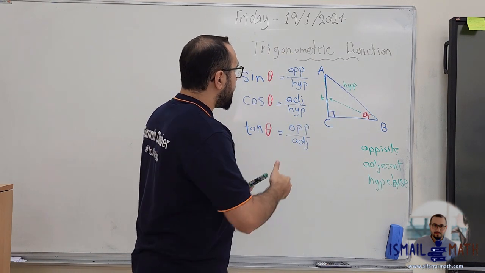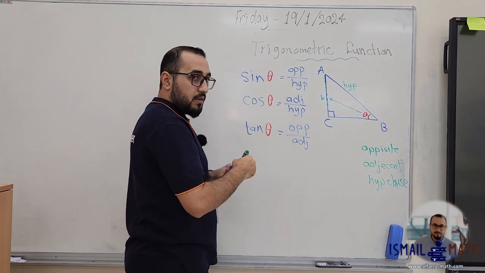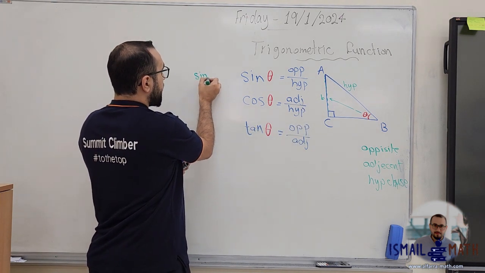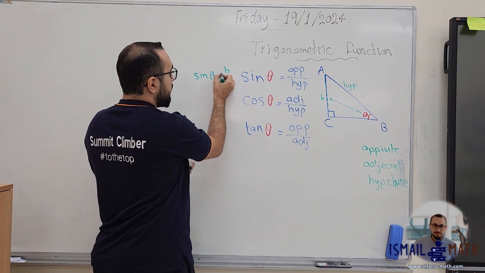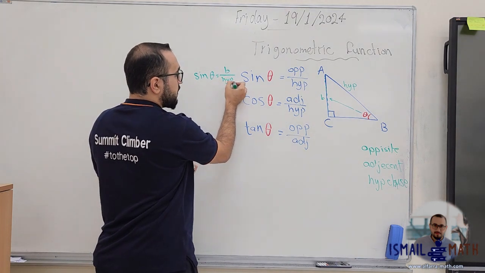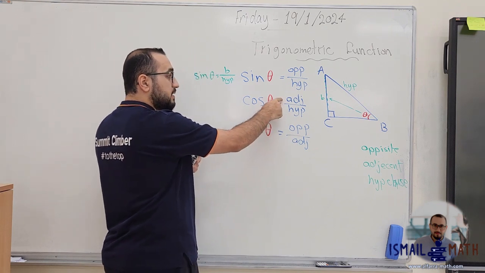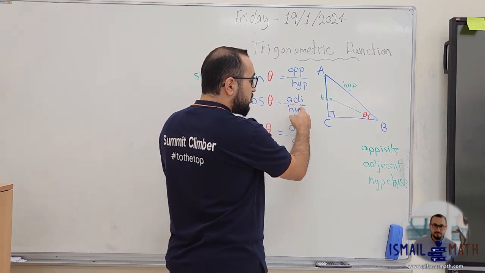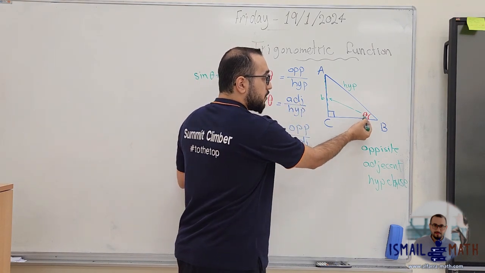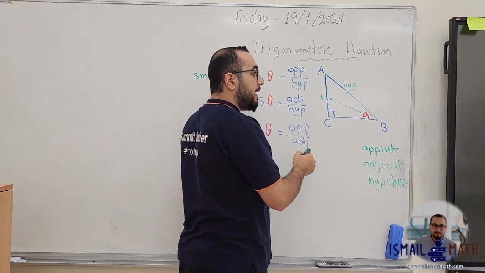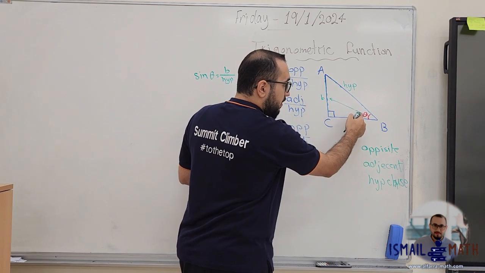Now, if I need to find sine theta, according to my triangle, sine theta is b over the hypotenuse. That's what I wrote here. Now, the cosine, from its name, is adjacent over hypotenuse. This one is the hypotenuse, and this one is the opposite of theta.